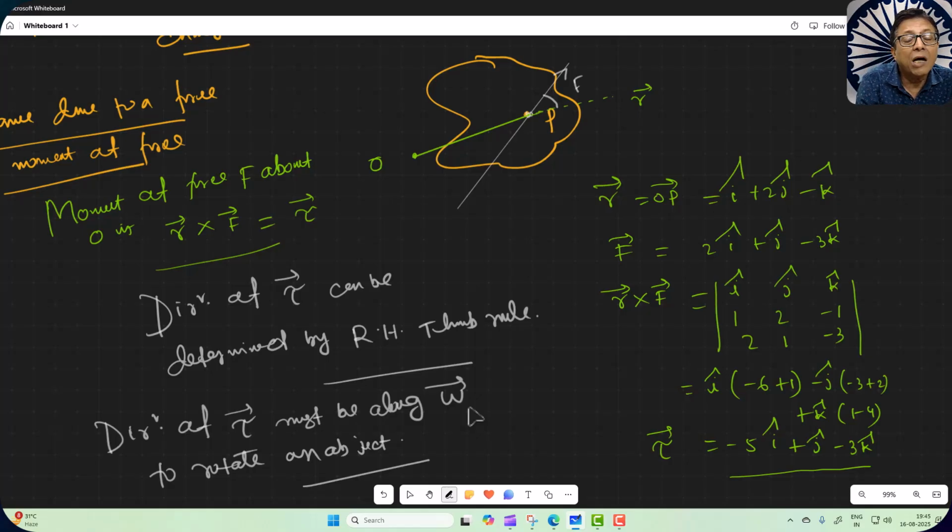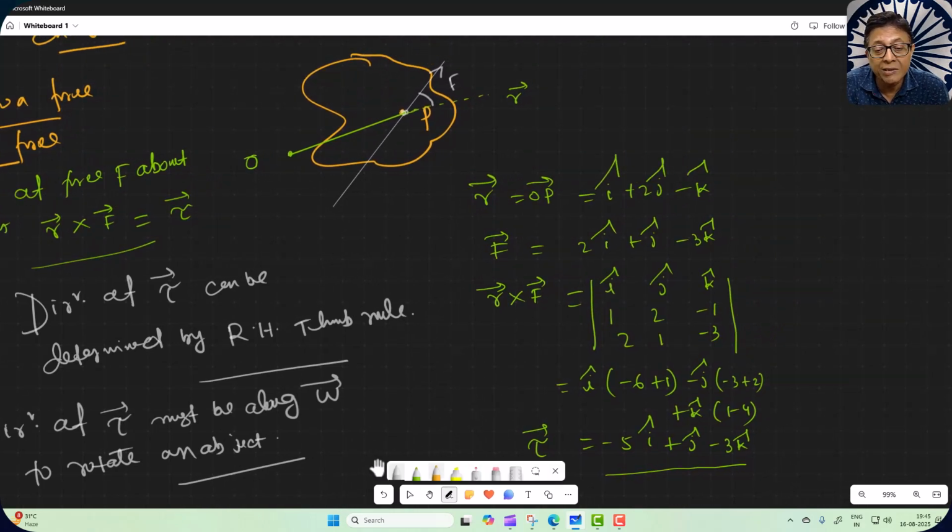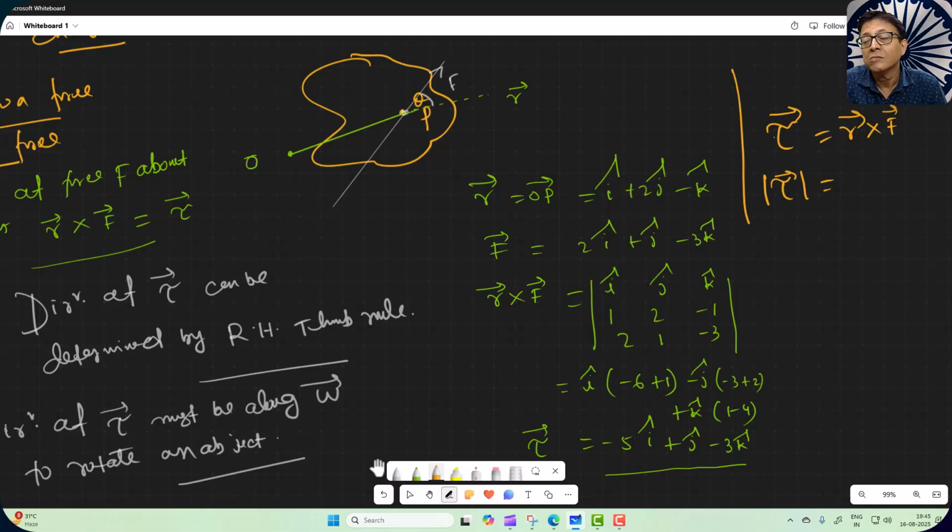Now, this R cross F, if you take the magnitude, see what is going to happen. R cross F, I am simplifying it here. The tau, we got this thing, R cross F, this angle be theta. So mod tau will be what? Mod R cross F, that is RF sin theta n cap. RF sin theta is constant and mod n cap is 1.